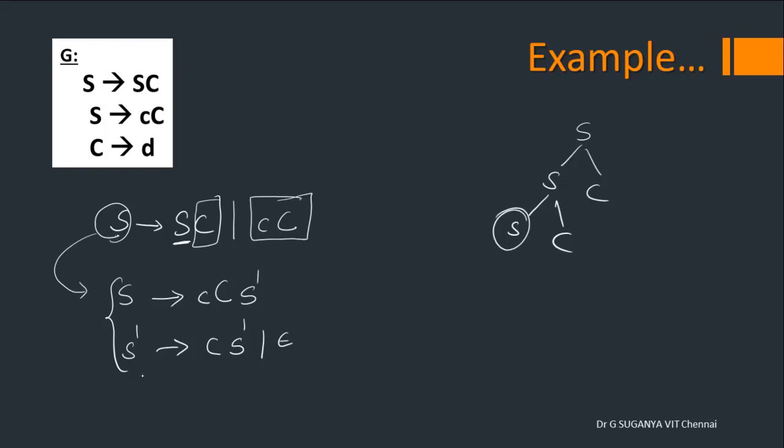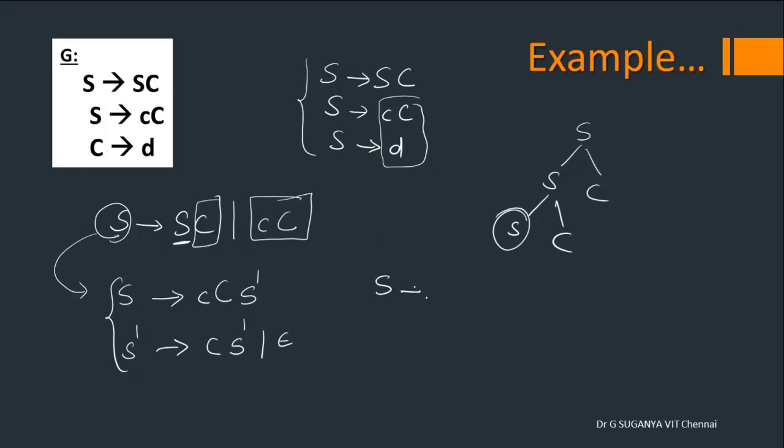What if you have multiple alternates without the non-terminal? That may also be one of the questions. For example, S gives SC is there, S gives CC is there, and then S gives D is there. So how to eliminate left recursion on this? There are two alternates that don't start with the same non-terminal.